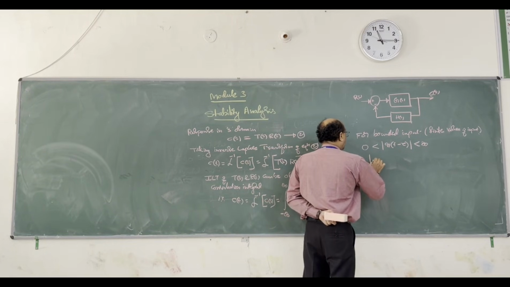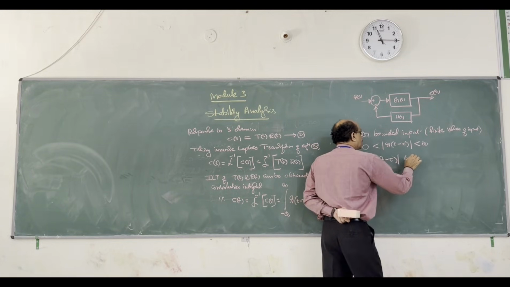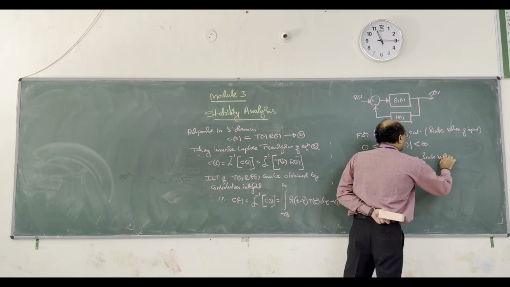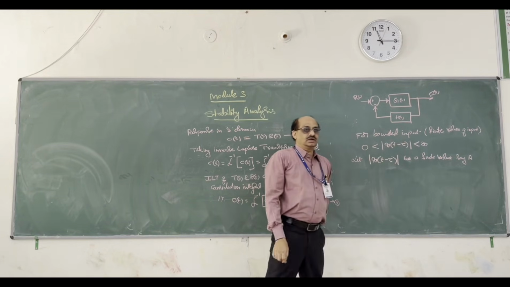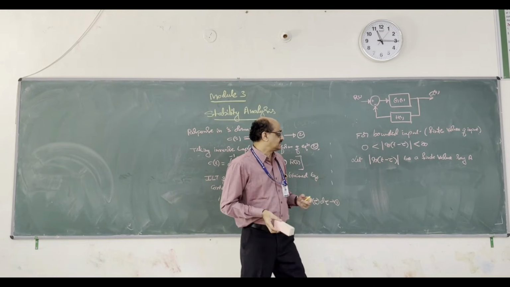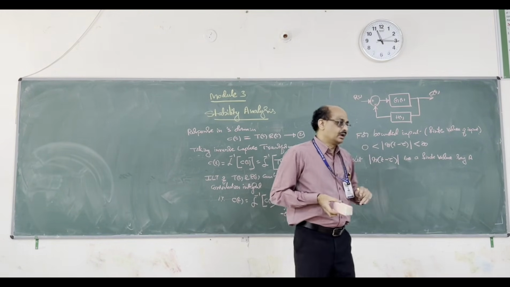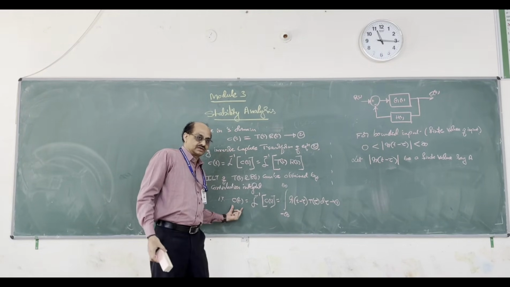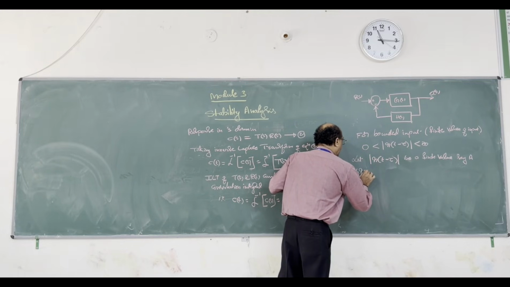Let R of t minus tau be a finite value, say a. I designate this magnitude with a finite value, say a. Then what is the condition?